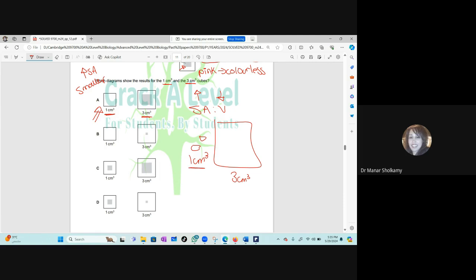When we came to study this concept, we said if you have an animal that is unicellular, it has a small surface area and a small volume, but the surface area compared to the volume will be much bigger. And if you have a multicellular organism like an elephant, remember our elephant?